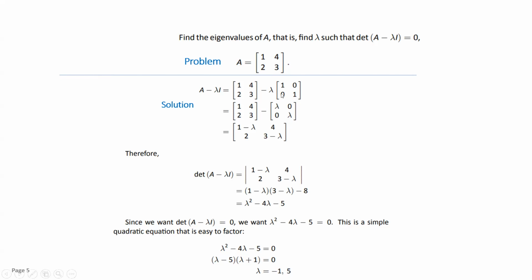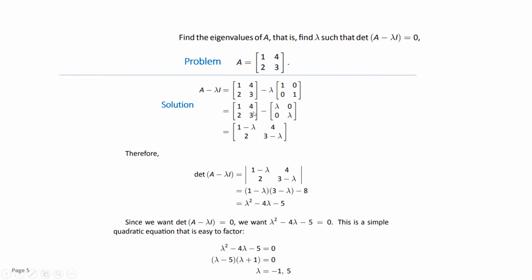With the help of these two, we can go ahead. Lambda is a scalar, as we have discussed in eigenvalues and eigenvectors, and we multiply it with each element in the identity matrix. In the identity matrix, the diagonal elements are 1 and the others are 0.